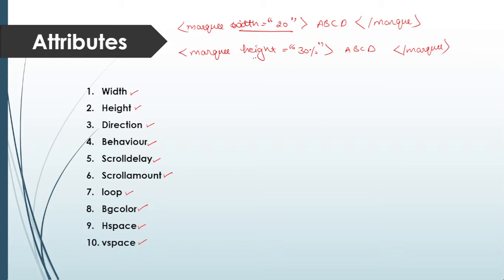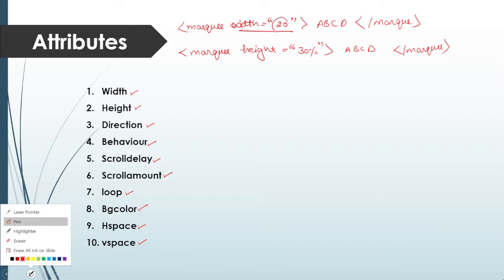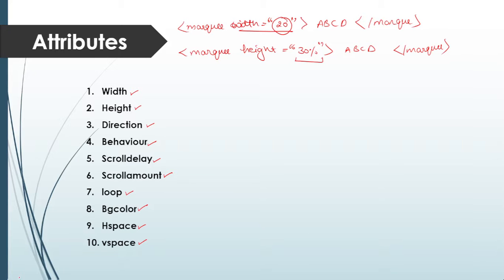Okay, so now remember one more thing here that is very very important. यहाँ पे बहुत से students के mind में ये queries आएंगी कि here we have used 20 only and here we have used 30%. So what is the difference between these two statements?